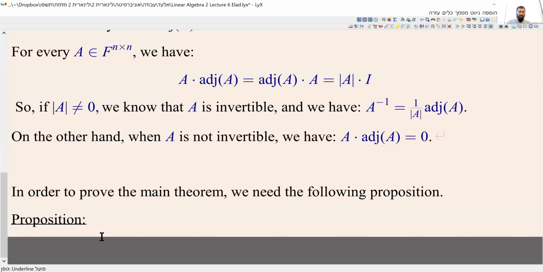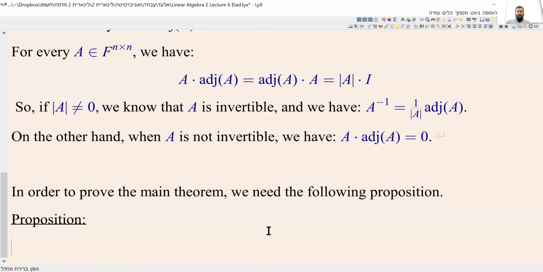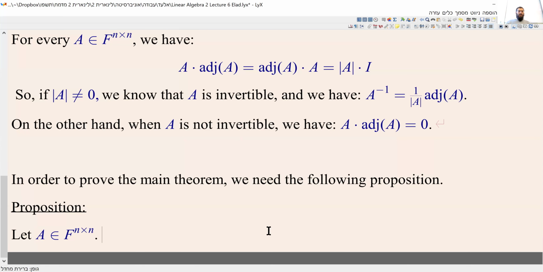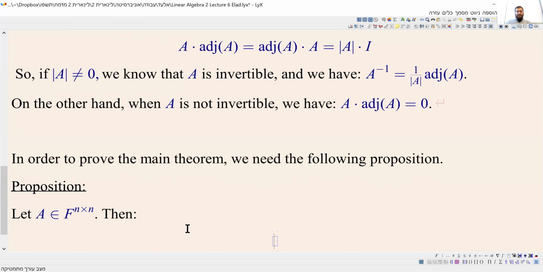Proposition: let A be a matrix of order n by n, so the adjugate matrix is defined. Then the adjugate matrix of the transposed matrix of A is the transpose of the adjugate matrix.